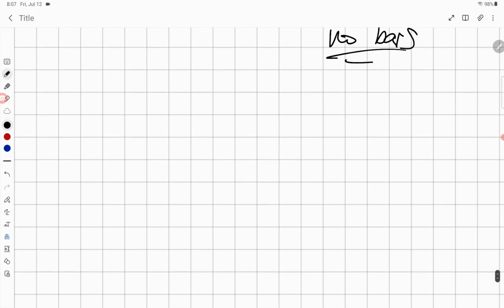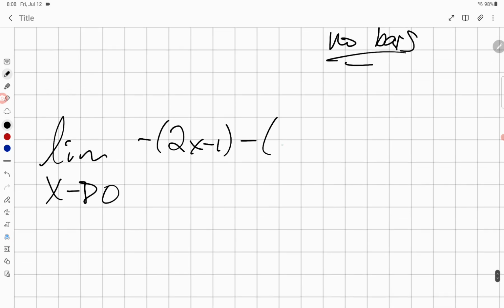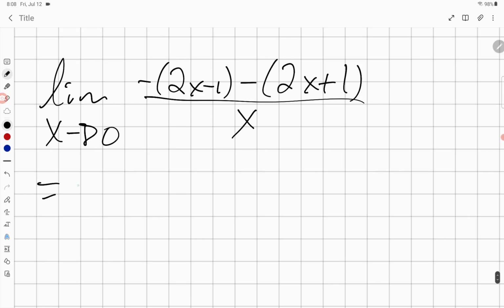So now we can recreate our limit. This is the limit as x goes to 0 of negative of 2x minus 1, minus 2x plus 1, over x. I'm dropping the bars because I've analyzed each expression carefully. Now the limit can be done in a straightforward fashion.